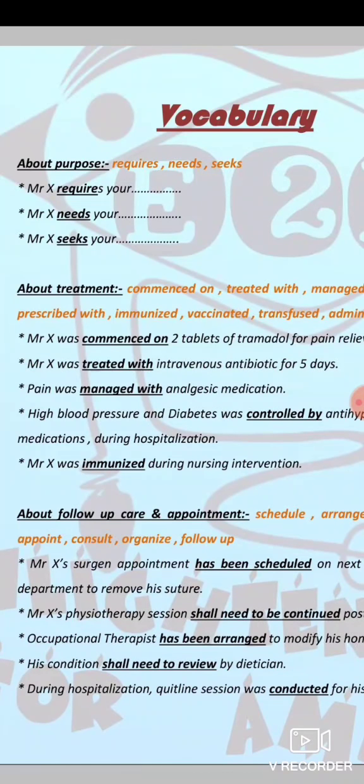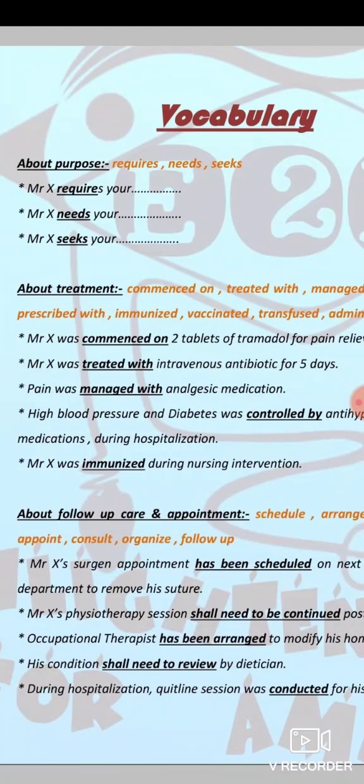Mr. X needs your guidelines about dietary regime. Mr. X needs your follow-up care for his speedy recovery. Mr. X needs your assessment to improve his condition. So this is what we learned about needs.